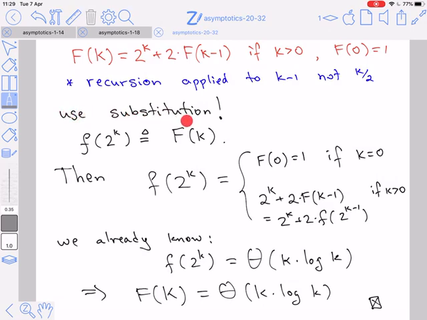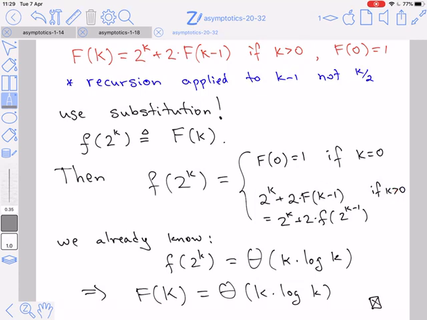Let's use substitution. Let's define lowercase f of 2 to the power of k to be uppercase F of k. Okay? So now, let's see what recurrence lowercase f satisfies for powers of 2. So f of 2 to the k, when k equals 0, is f of 1, which is 1.